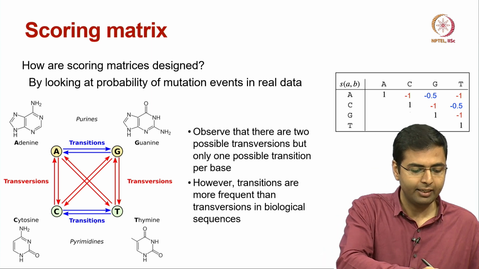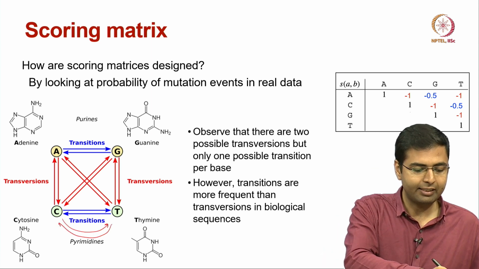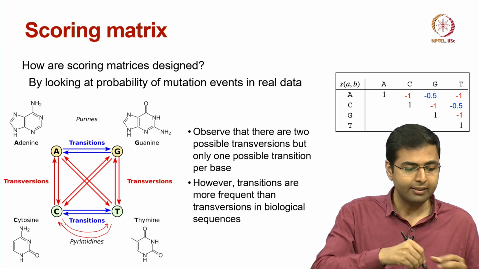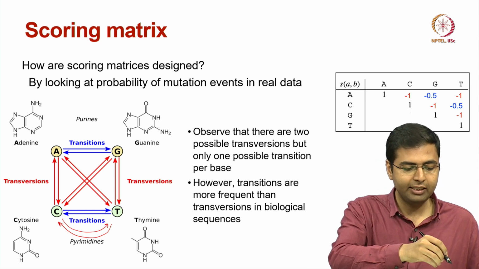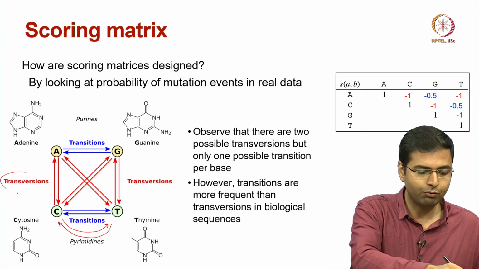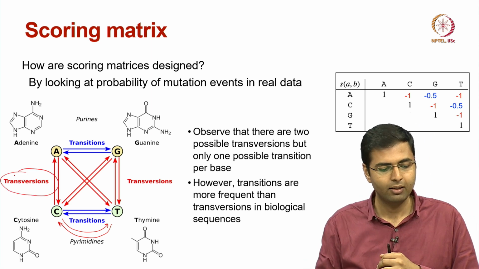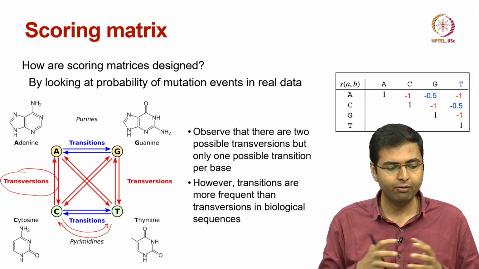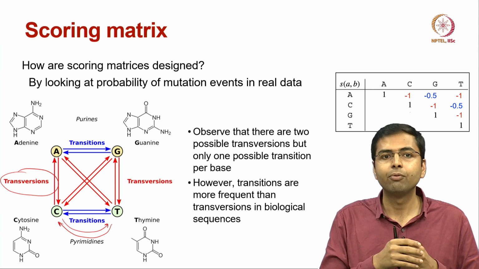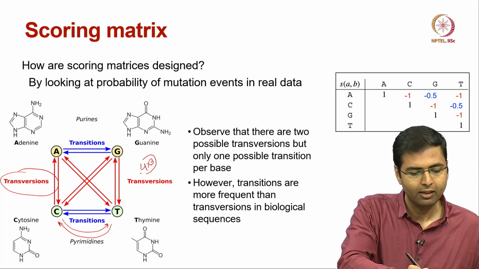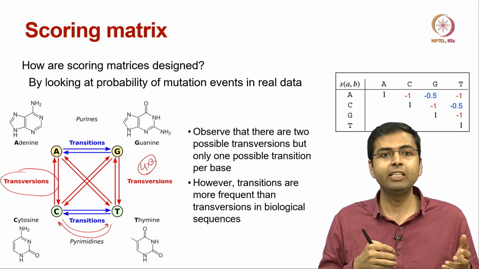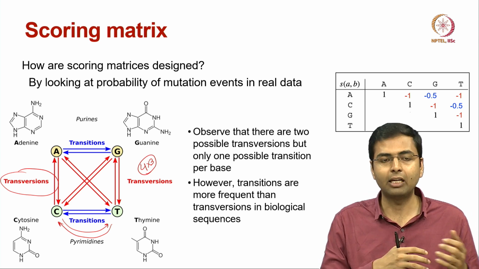Similarly, C to T and T to C is referred to as a transition, whereas all other mutations, that is A to C, C to A, G to C, C to G and so on, are referred to as transversions. So you can see that there are 4x3 such mutations, and out of 12, 4 of these mutations are transitions and 8 are transversions.